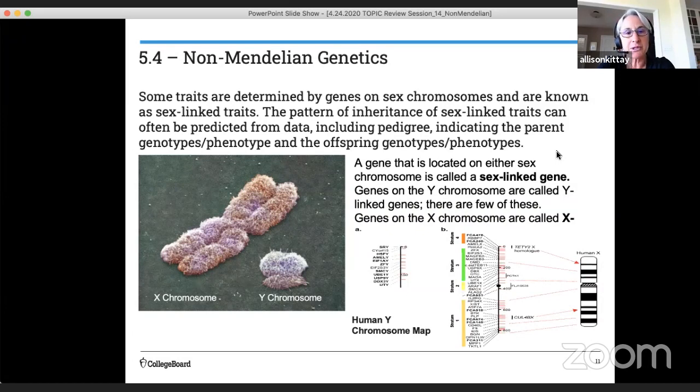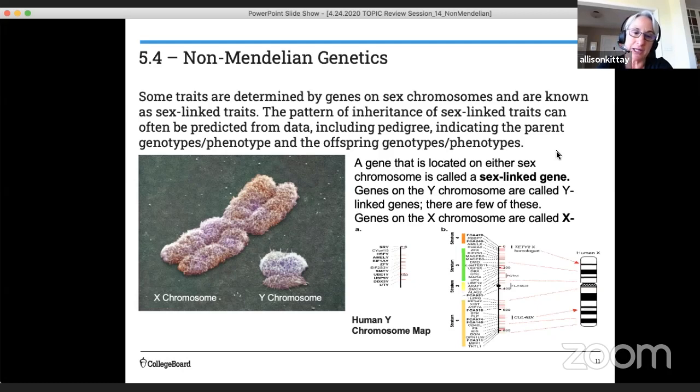So some traits are determined by genes on sex chromosomes and are known as sex-linked traits. The pattern of inheritance of sex-linked traits can be predicted from data, including pedigrees, which I'm going to share with you in just a moment, which indicate the parent genotype and phenotypes, as well as the offspring's genotypes and phenotypes.